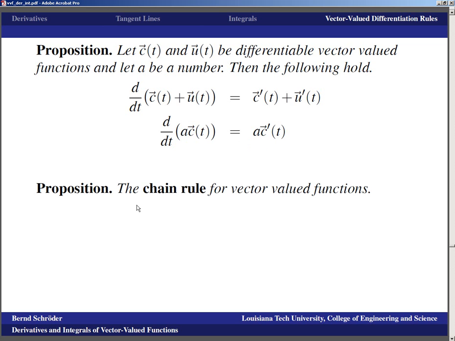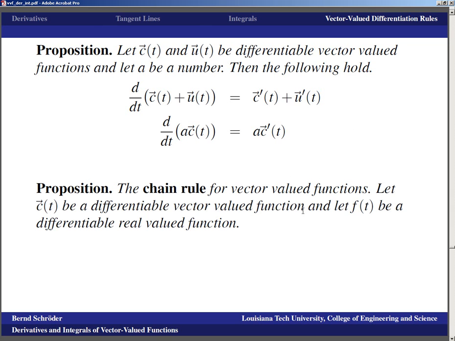Then we have something that talks about the chain rule for vector-valued functions. So here we're just staying with the analogs of the things that we've already seen and that have direct analogs. The chain rule for vector-valued functions is that if c of t is a differentiable vector-valued function and f of t is a differentiable real-valued function, well, then I can take the real-valued function and stick it into the vector-valued function. And the derivative of that, well, what was the derivative according to the chain rule?